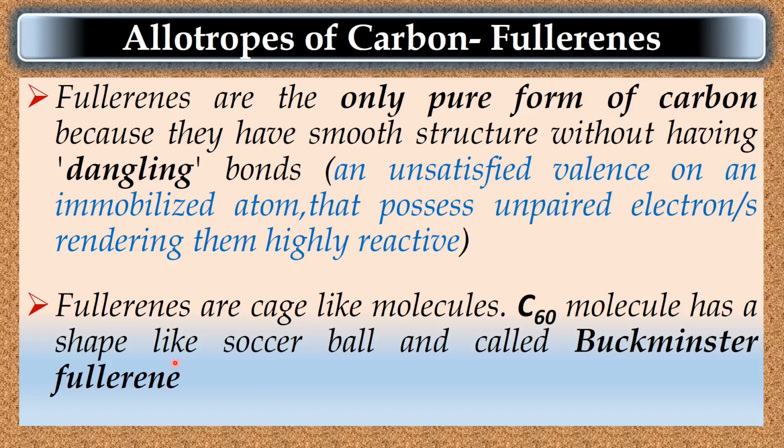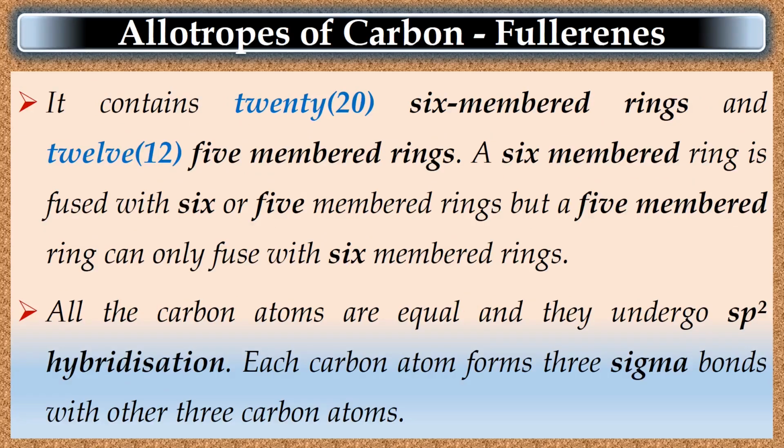Fullerenes are cage-like molecules. C60 molecule has a shape like a soccer ball. Fullerene contains 20 6-membered rings and 12 5-membered rings. It is most important to remember a 6-membered ring is fused with 6 or 5-membered rings, but a 5-membered ring can fuse with 6-membered rings only.